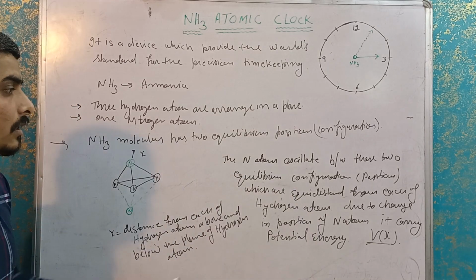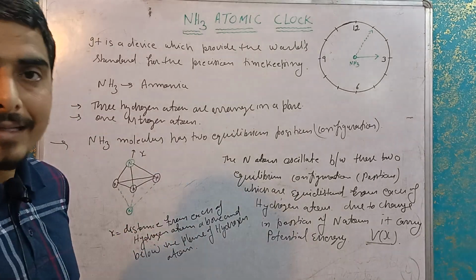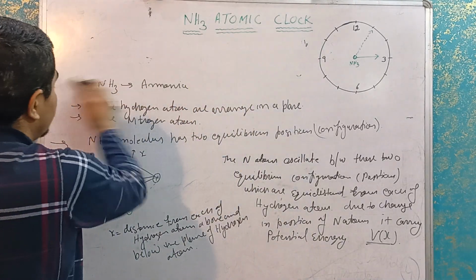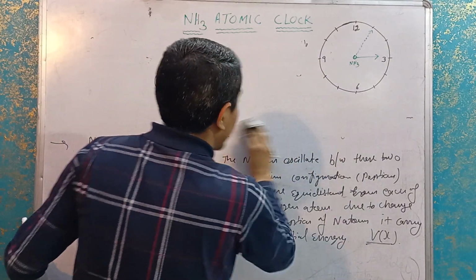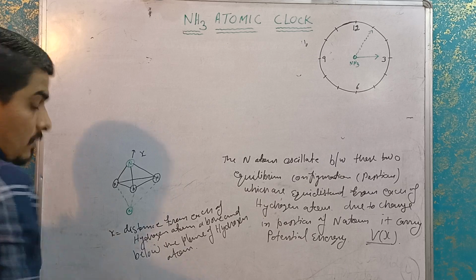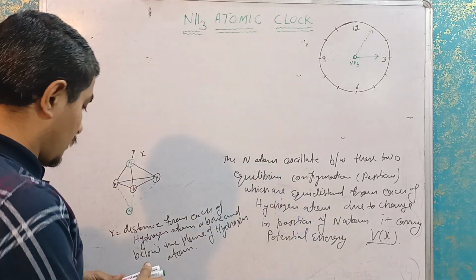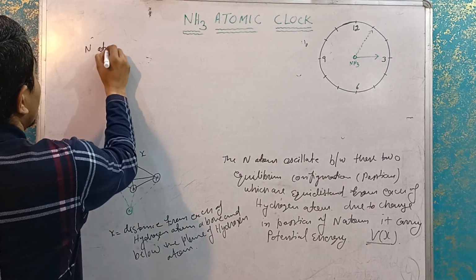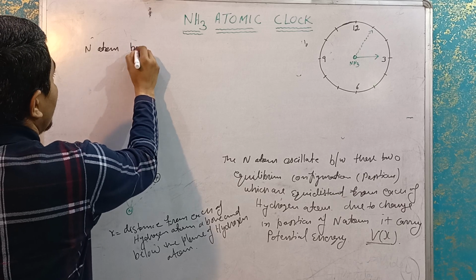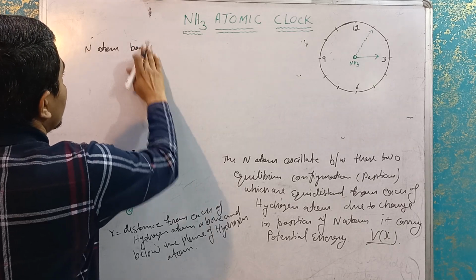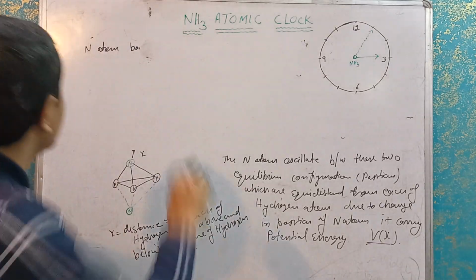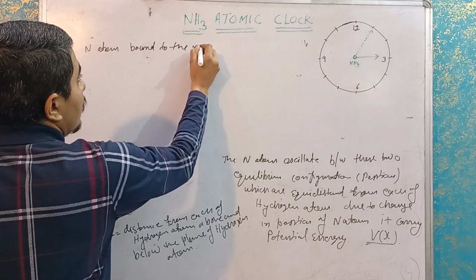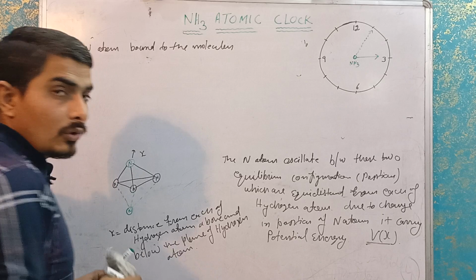Now, after we discuss the energy of the nitrogen atom, next is that the nitrogen atom is bound to the NH3 molecule.